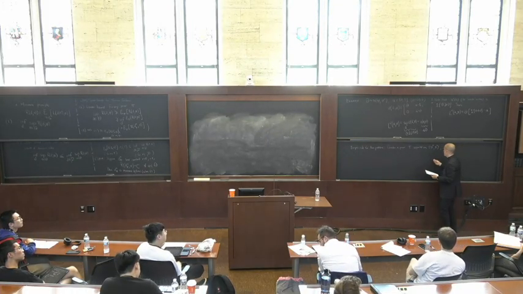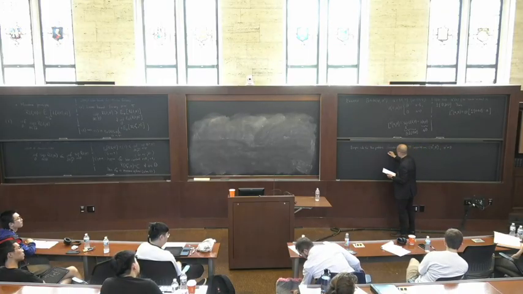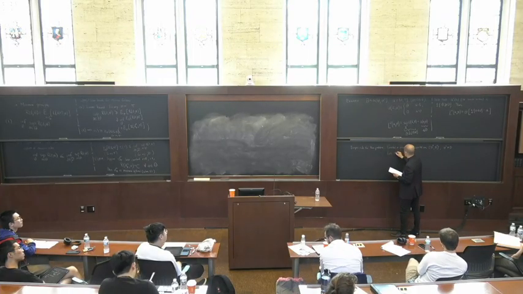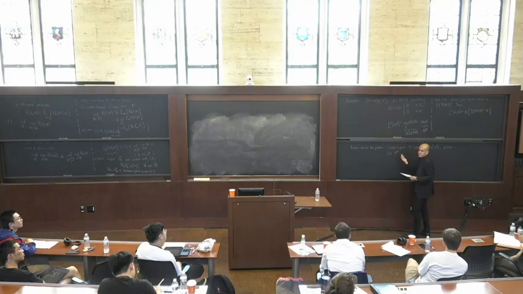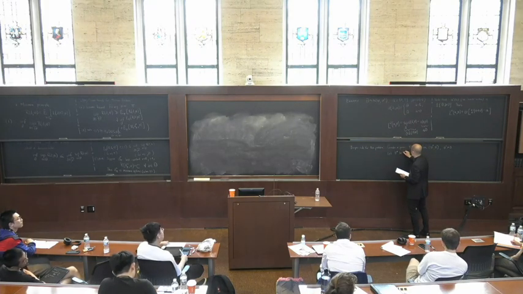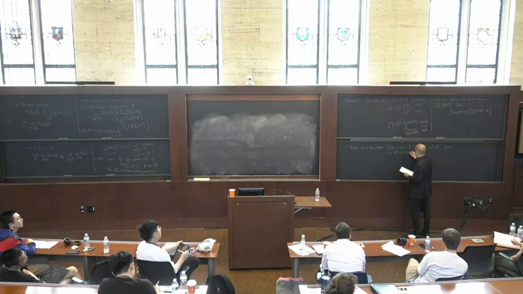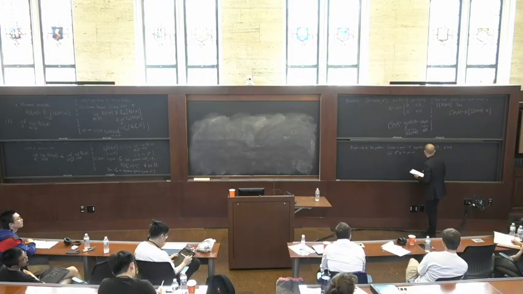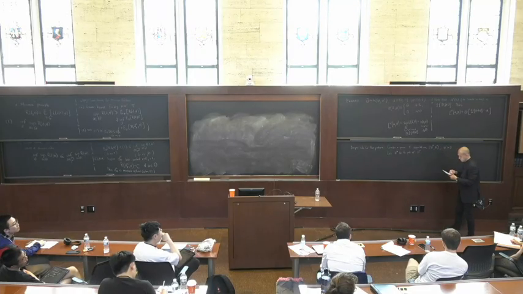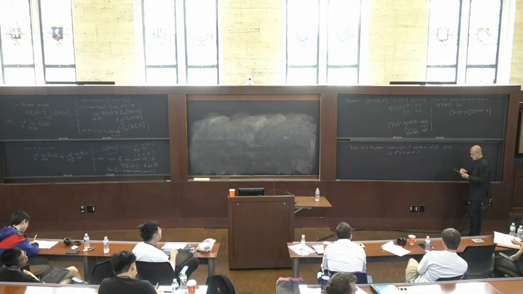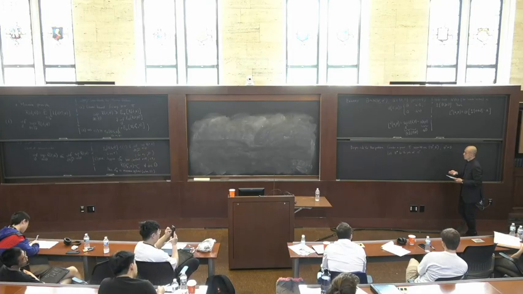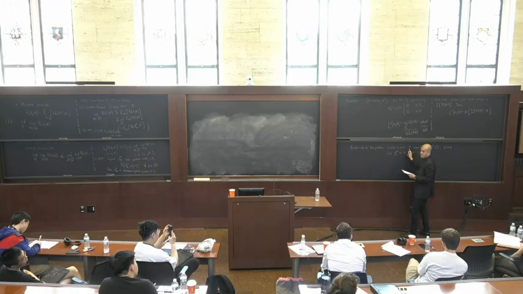I'm going to call pi star the probability of theta star. Does that make sense? That means that this is not a PDF, but a probability mass function.